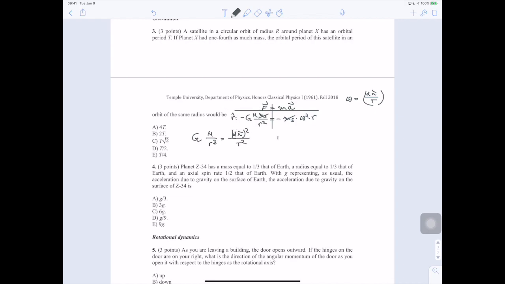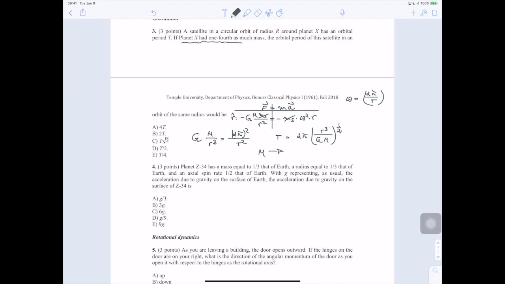So let's solve this now for T. And then we have here 2 pi. So you multiply this by T squared, take the square root, and then you have 2 pi. And then we have on the other side r to the power of 3 divided by G M, and the whole thing to the power of 1/2. So now if we're going from M to, what does it say now?